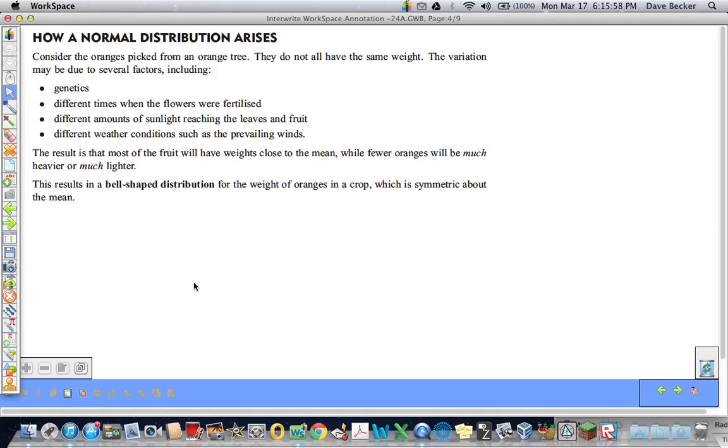Okay. How does a normal distribution arise? Well, if you think about oranges picked from a tree, there are several different factors that would affect the weight: the genetics, fertilization, sunlight, weather. And what you will find is that most of the fruit will have weights close to the mean, while fewer oranges will weigh a lot more than the mean weight, and a lot less than the mean weight.